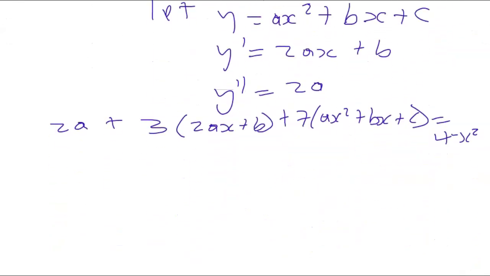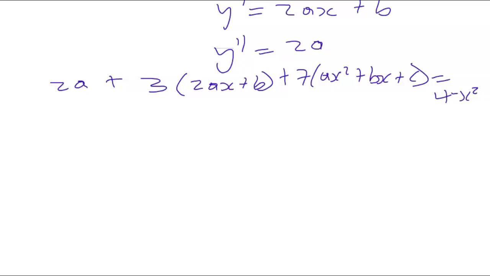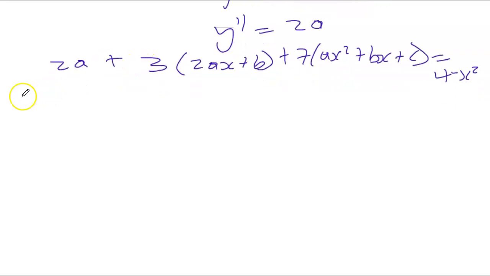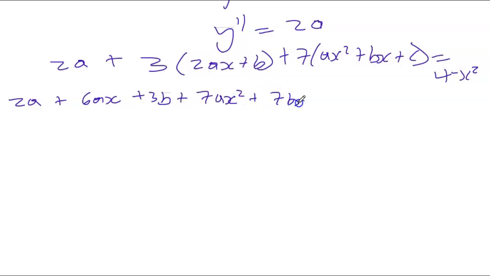Alright, so on the left hand side, let's expand and equate coefficients now. On the left hand side we have 2a, 3 times that, that's 6ax, 3 times b, that's 3b, plus 7ax squared, plus 7bx, plus 7c, equal to 4 minus x squared.